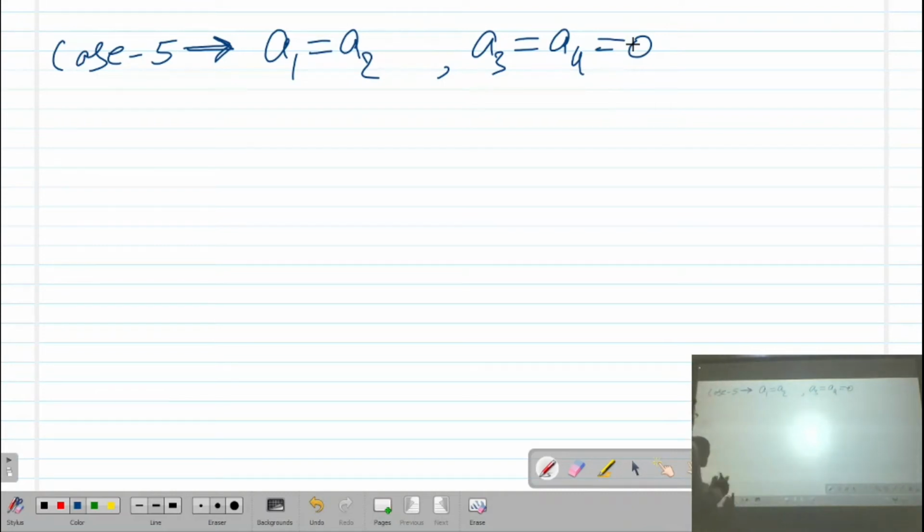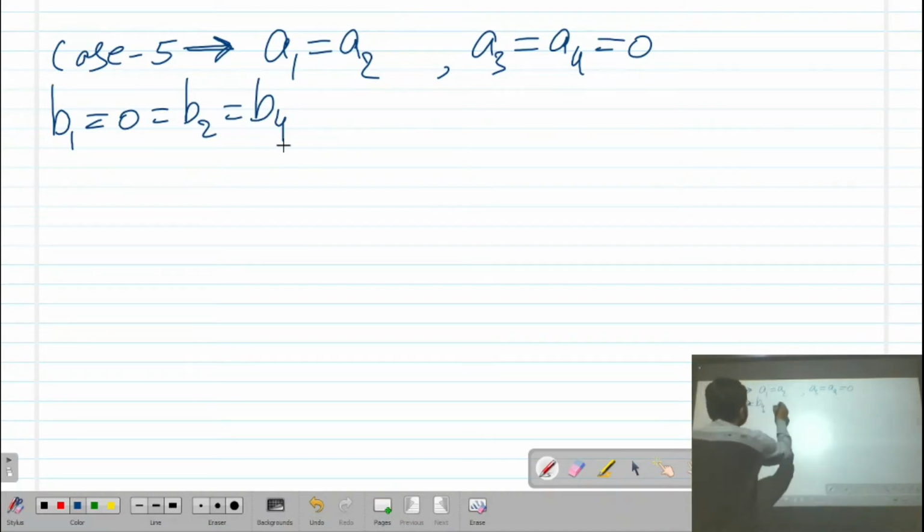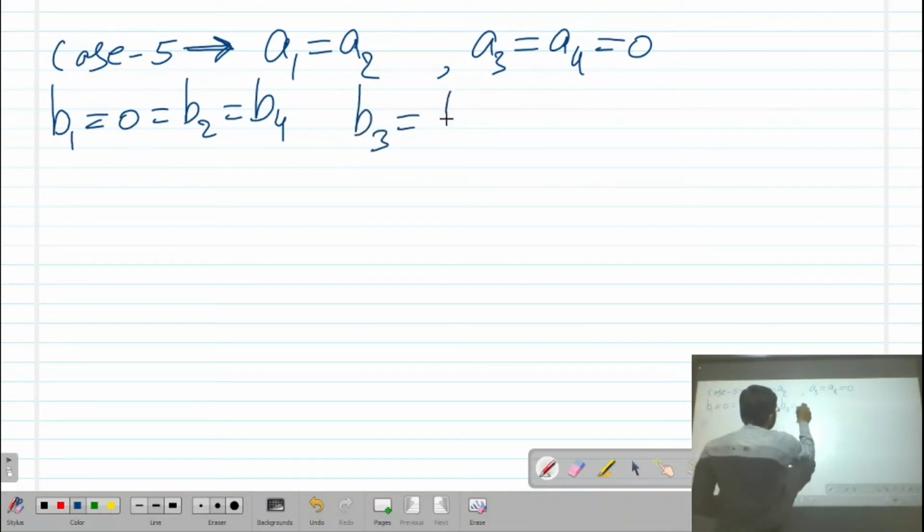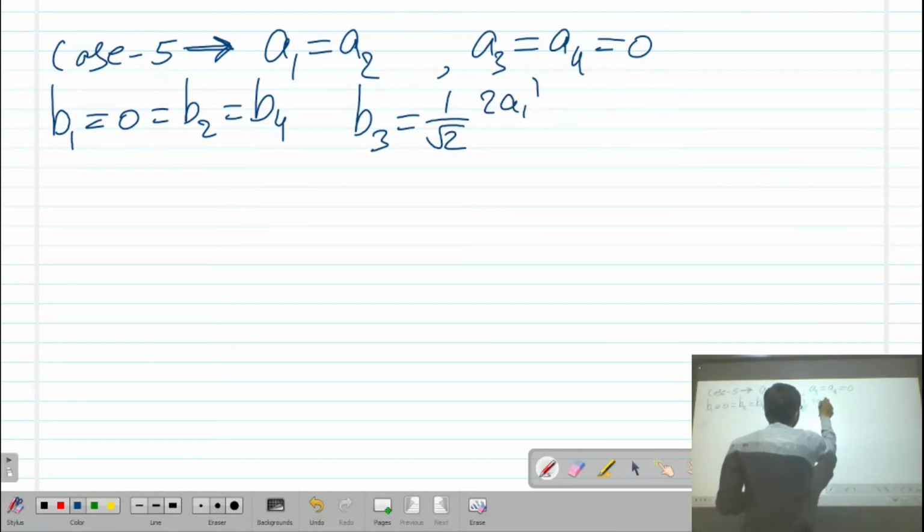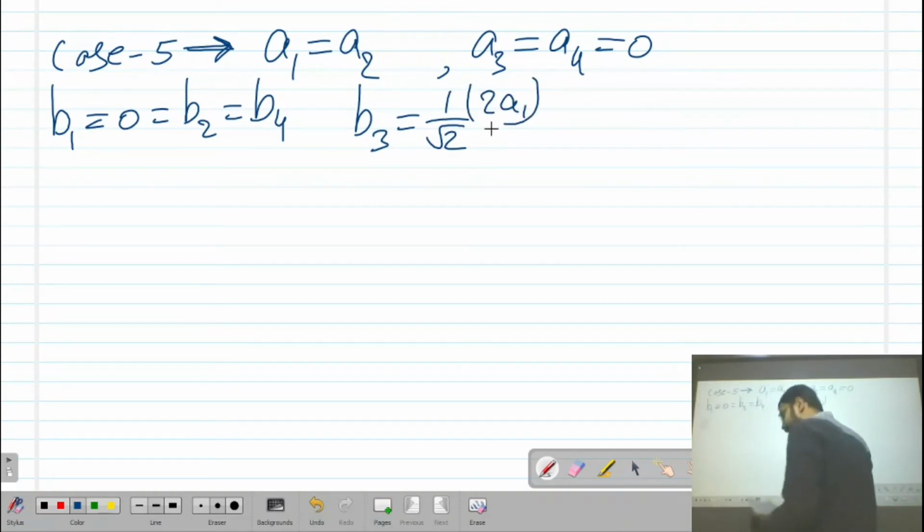Okay? Then we will get B1 equals 0 equals B2 equals B4, and B3 equals 1 by root 2 of B1. Okay, we will not get the output at port 2 and port 4.